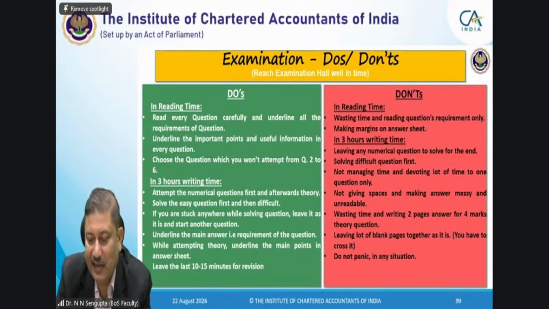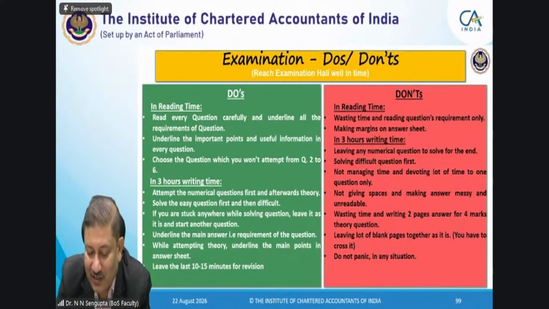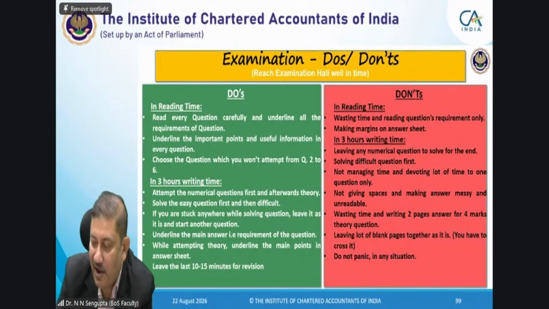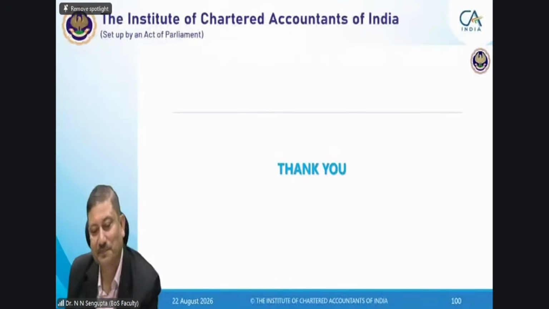Don't fail to manage time by devoting a lot of time to one question; you need to attempt more and more questions, if possible the full paper. Don't waste time writing 2 pages of answer for a 3 or 4 marks theoretical question and leave a lot of blank pages. Do not panic in any situation. The paper may be moderate, difficult, or easy, but whatever the situation, you need to give your best in those 3 hours.